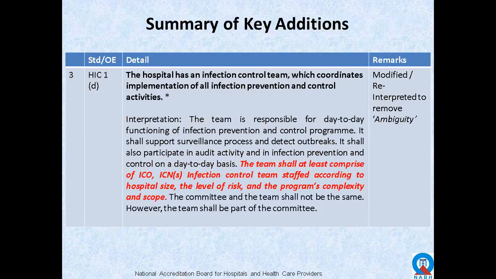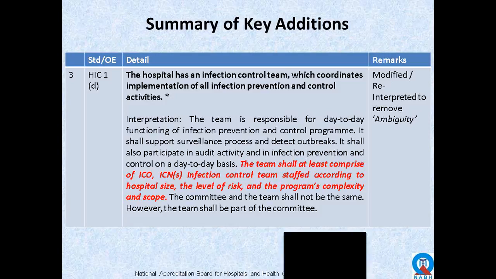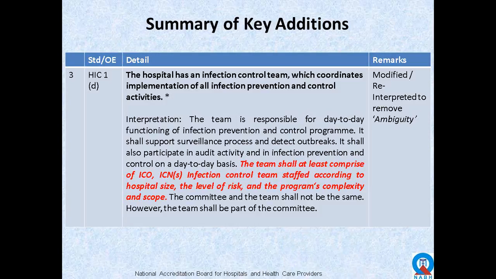The hospital has an infection control team which coordinates the implementation of all infection prevention and control activities. The modification is that the team shall at least comprise the ICO, ICNs, infection control officer, infection control nurse, and the infection control team shall be staffed according to the hospital size, level of risk, and the program's complexity and scope.